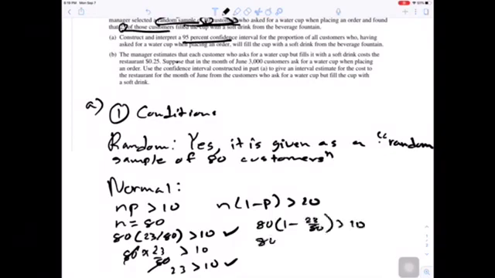And that would give us a total of 80 times 57 over 80, which would also be greater than 10. So that would also be a check. Therefore we can assume normality because we met both conditions.